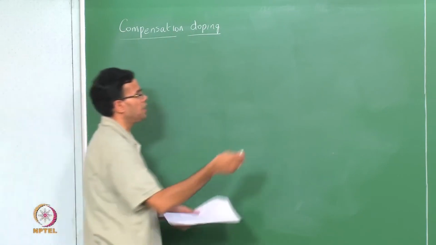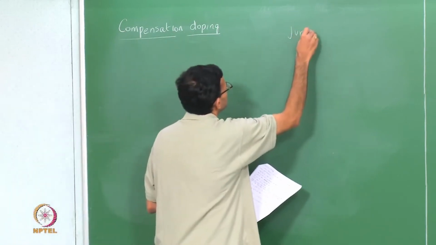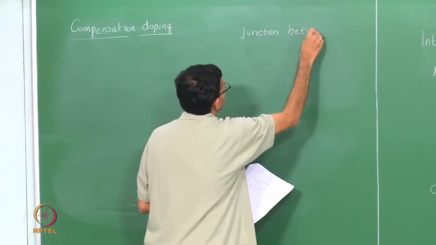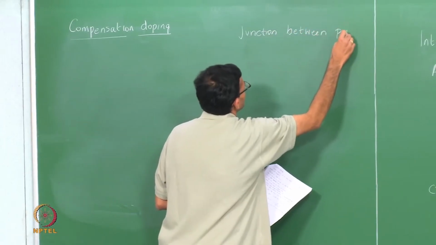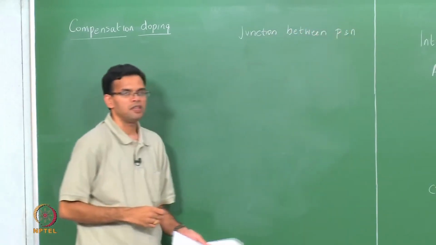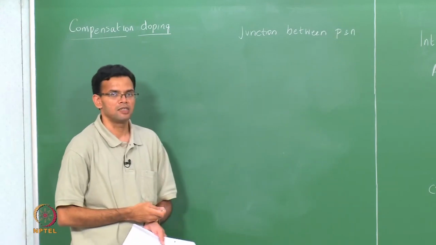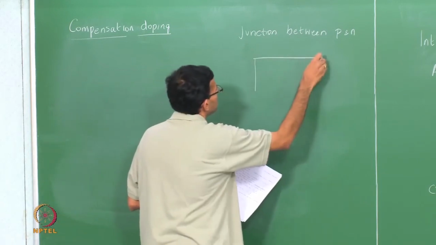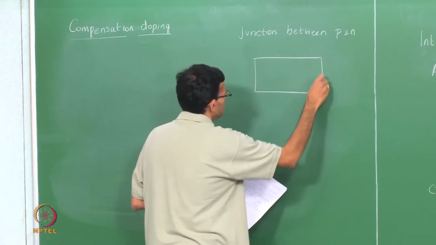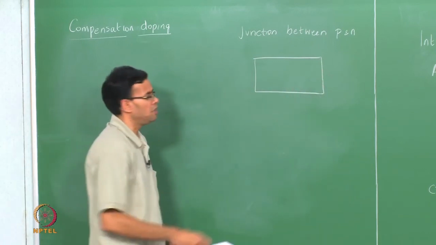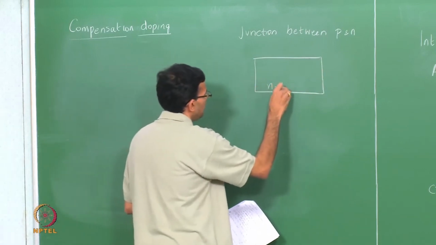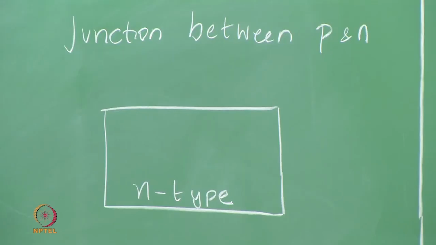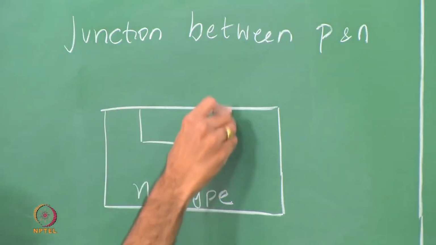So, let us say we are trying to form a junction between p and n type materials. Usually we need such junctions when we form devices. We will talk about devices later. One way to form a junction is to start with a material that is completely N type and then dope a certain region of the material P type.